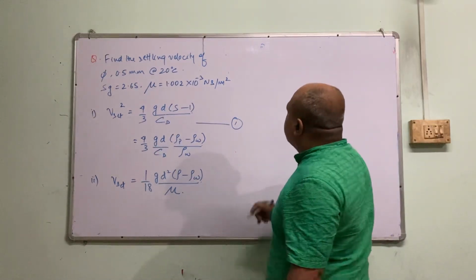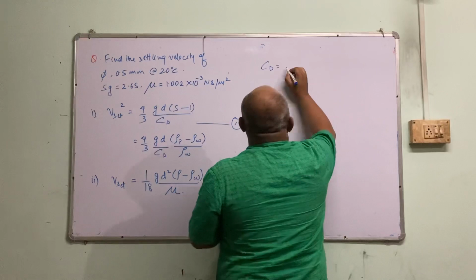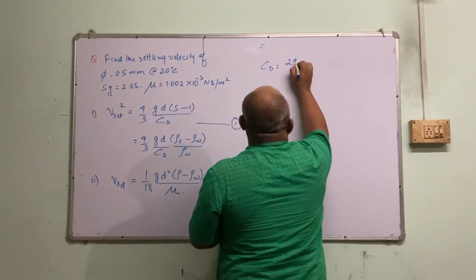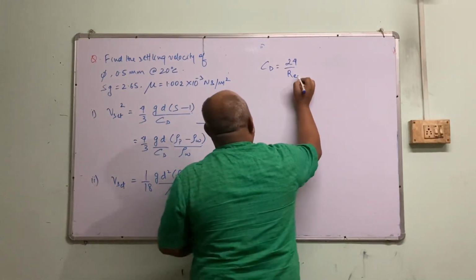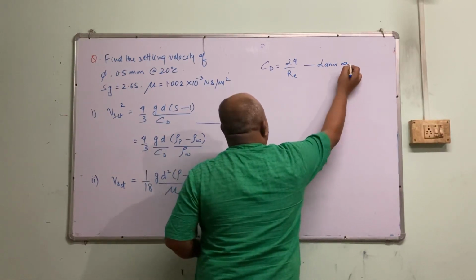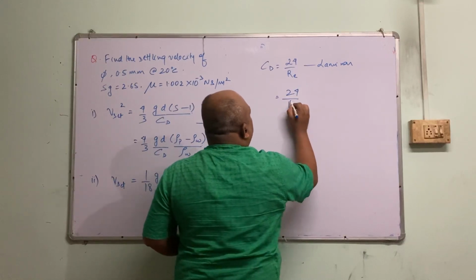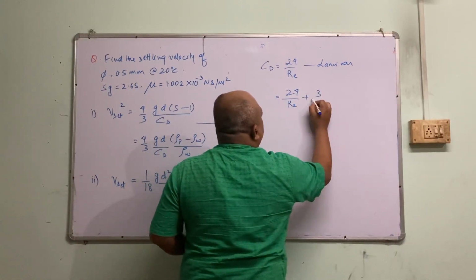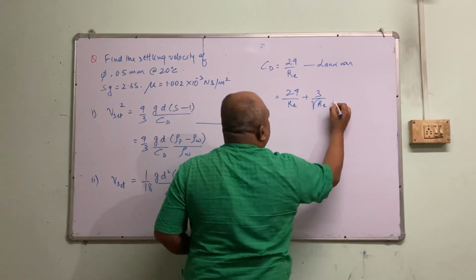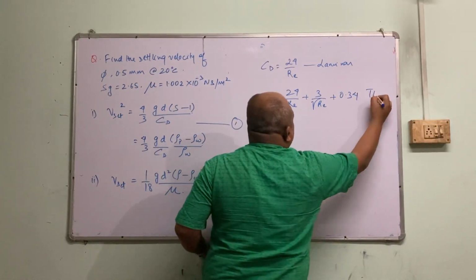CD is 24 by Reynolds number if it is laminar, and 24 by Re plus 3 by root Re plus 0.34 if it is transitional.